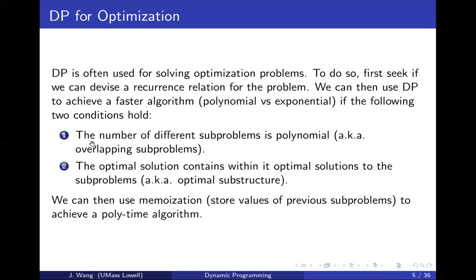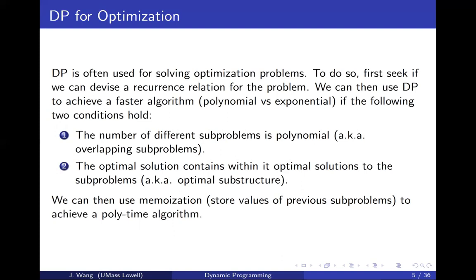Number one, the number of different subproblems is polynomial. In other words, your recurrence relation only depends on polynomially many subproblems. That means there are many subproblems, they are overlapping, they are repeating. Second, the optimal solution contains within itself optimal solutions to the subproblems.